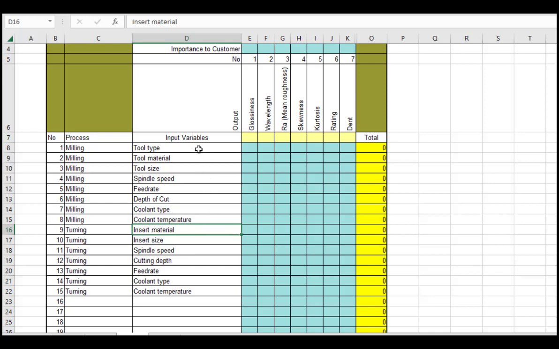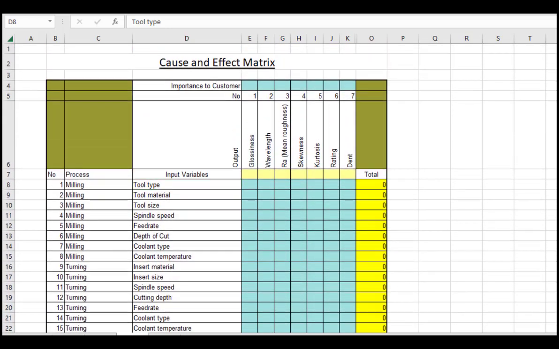Is there any relationship between the input variable and the output here? Again, for this one, we will give the rating between 1 to 10. 1 means that there is the least relation. 0 is no relation at all between the input and the output. 1 is a very weak relation, and 10 is a strong relation between the input and the output.